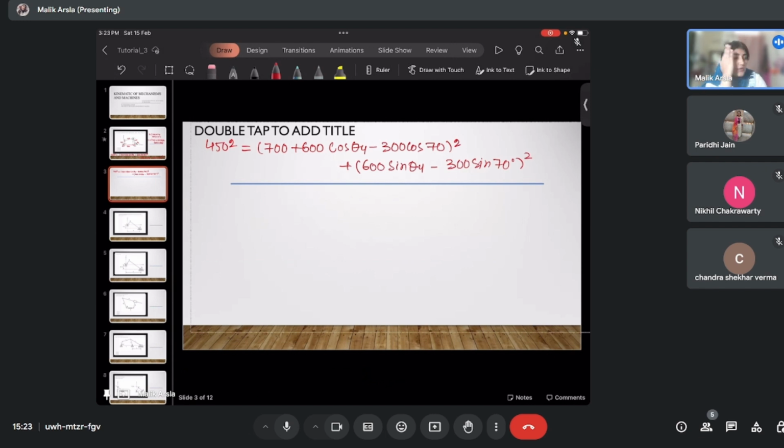So the only variable here is theta 4. So basically we will simplify this equation in the form of a cos theta 4 plus b sine theta 4 is equal to c, some constant. So please simplify this equation in that form and tell me what you're getting.